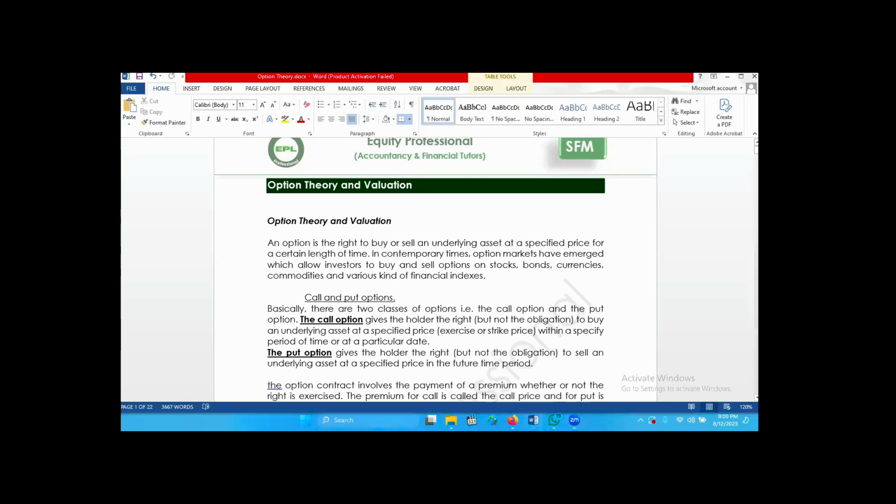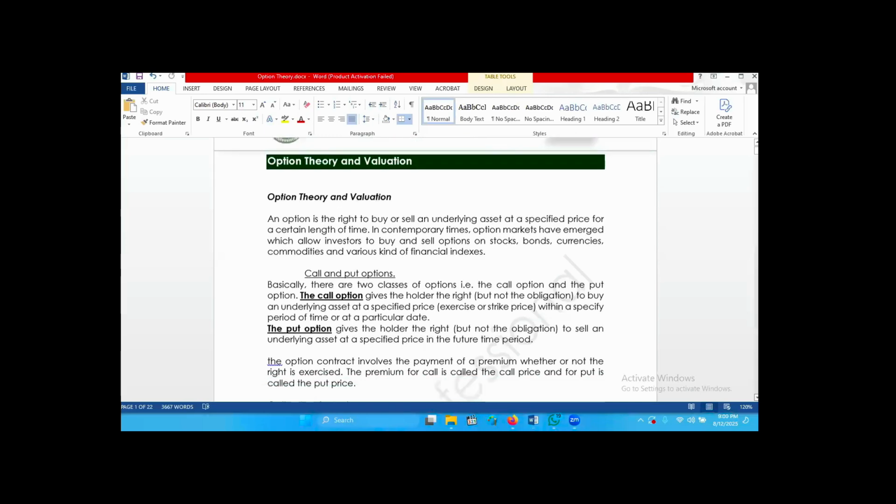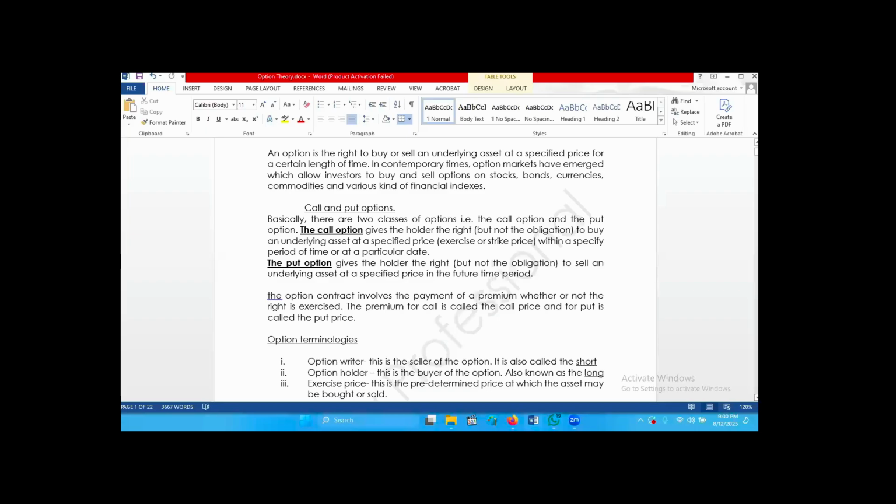Option premium. The option contract involves the payment of a premium, whether or not the right is exercised. What is option premium?